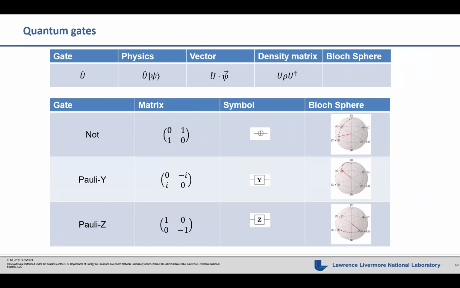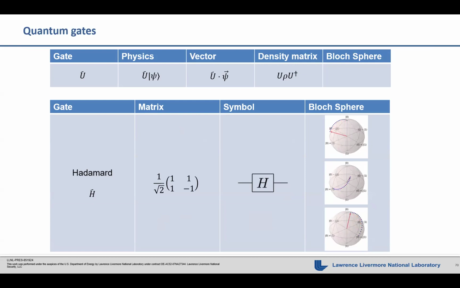Different gates will perform different operations on the system. And here we start to add more notation. There are matrix notations for gates. There are also different symbols, and these symbols can be used to make up a quantum circuit.